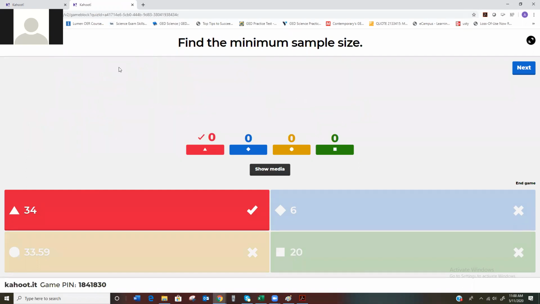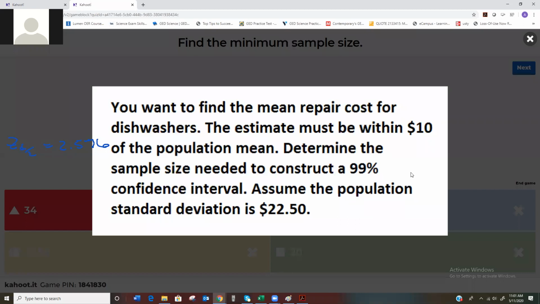Are you guys okay with where that came from? Oh shoot, I didn't mean to erase that. So our Z sub alpha over 2 was 2.576. Is everybody okay with where we got that from on the chart? 99% confidence interval, and since we're doing an N, it's going to be a Z, because for N, you do Z sub alpha over 2 times sigma over E, and then you square that.